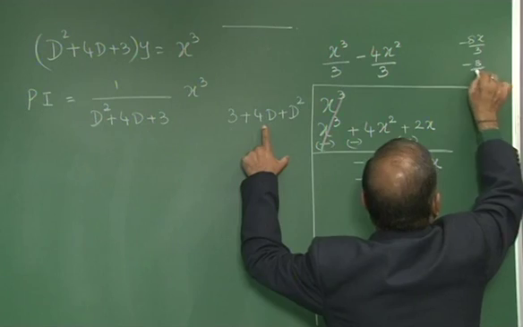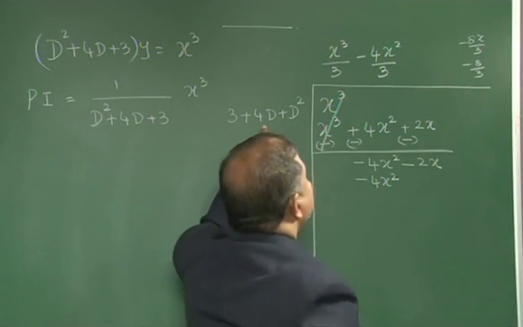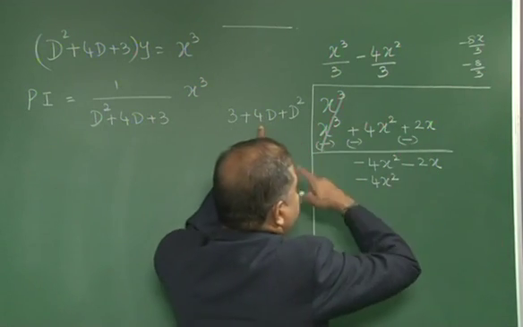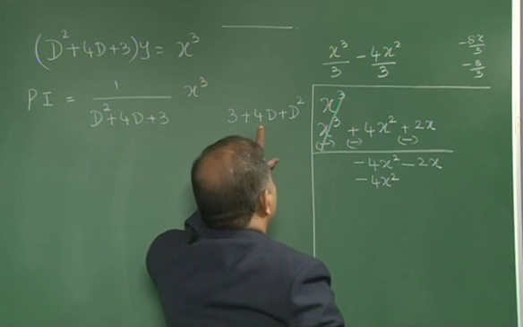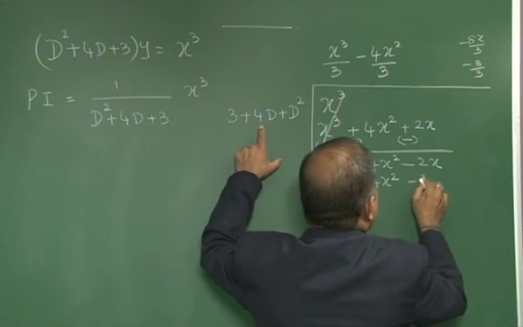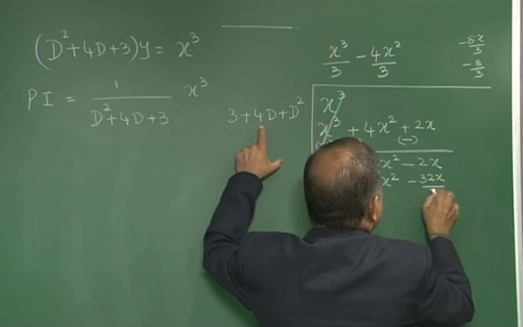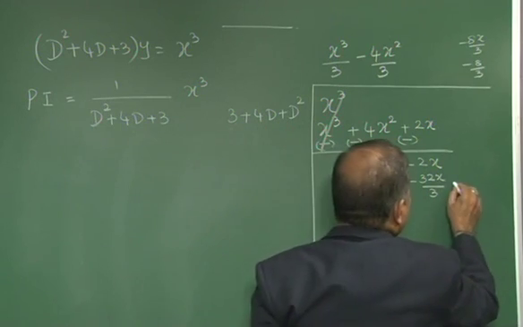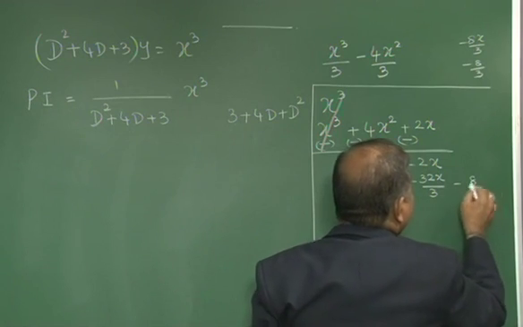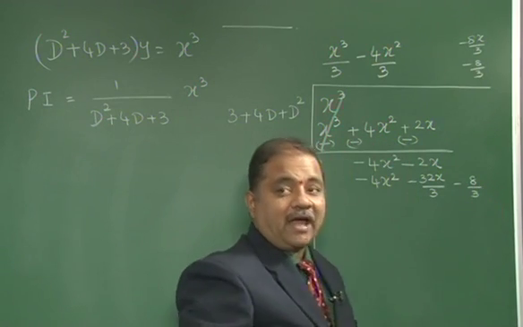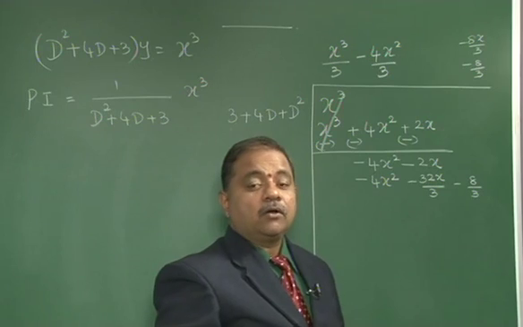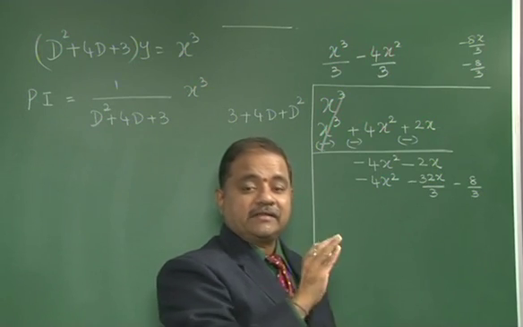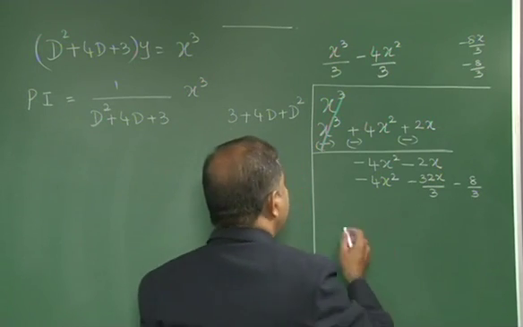Second differentiation, minus 8 by 3. So 4 into 8, 4 eights are 32, minus 32x by 3. Two times differentiation, minus 8 by 3. This is what I said: you may have more simplifications, but you won't make any mistake in the terms. Be careful and write it.